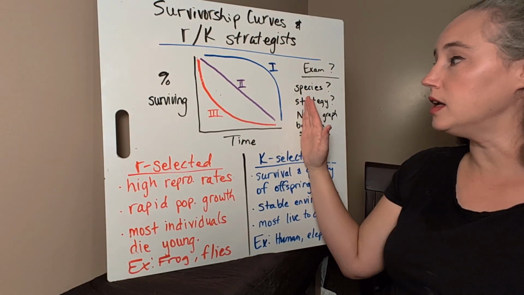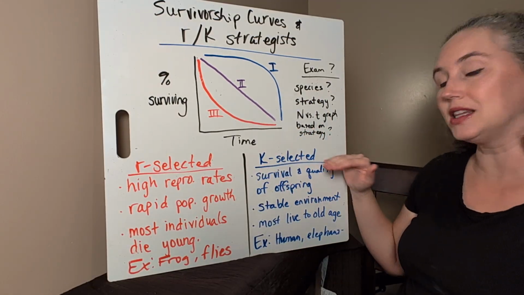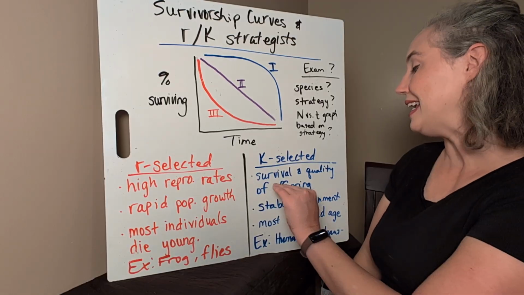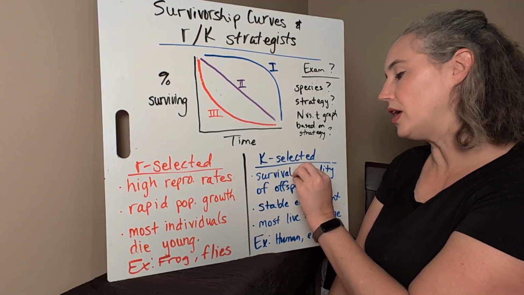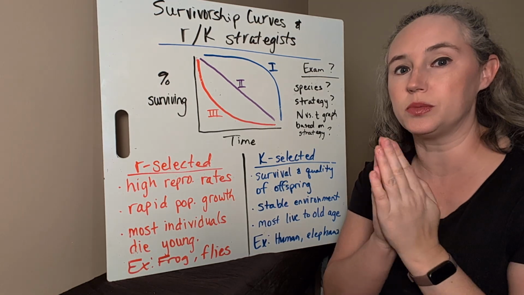Type 1 survivorship, these are also called K-selected strategists. In these, the survival and quality of offspring in a stable environment is what's most valued.